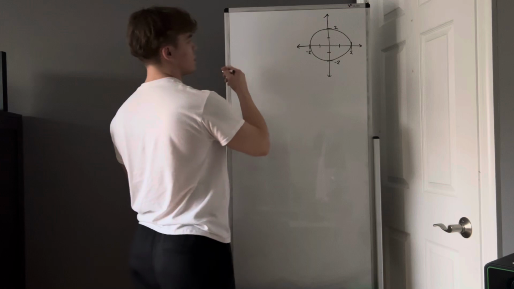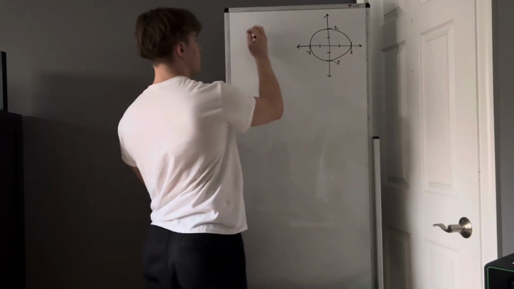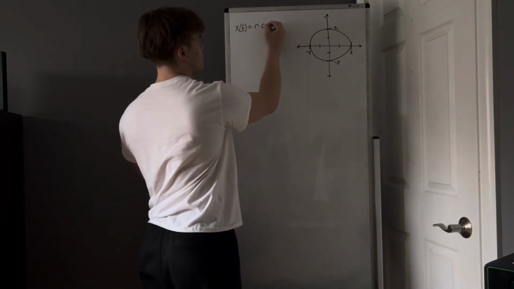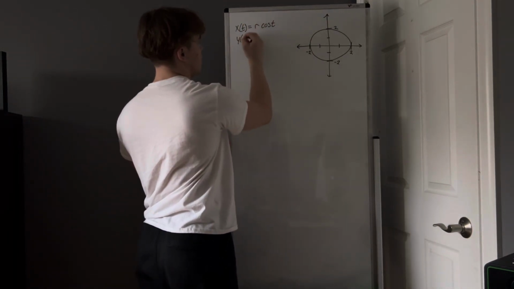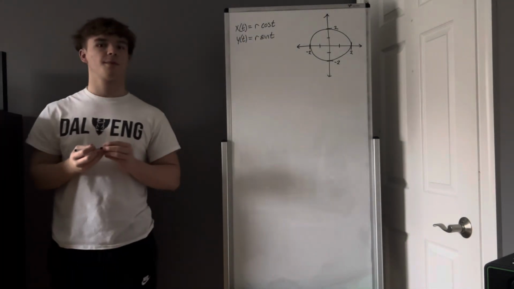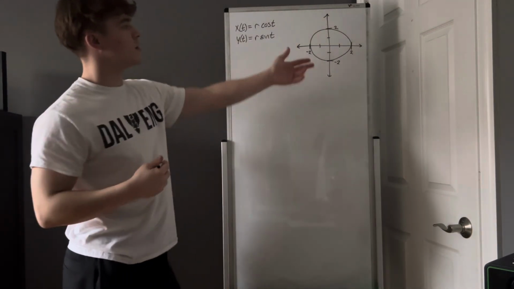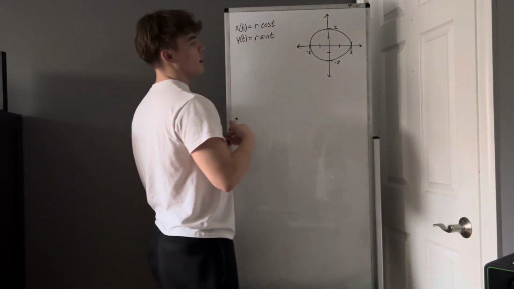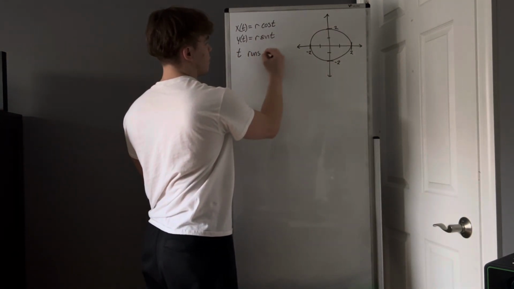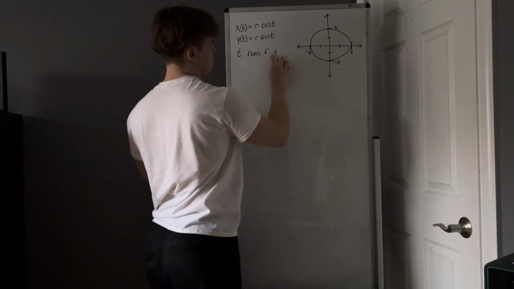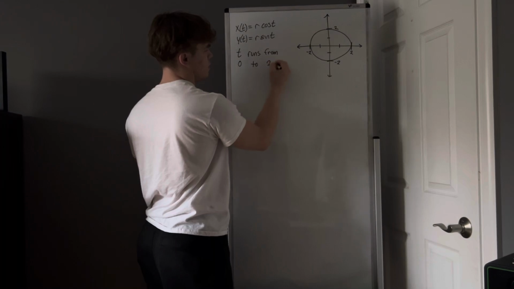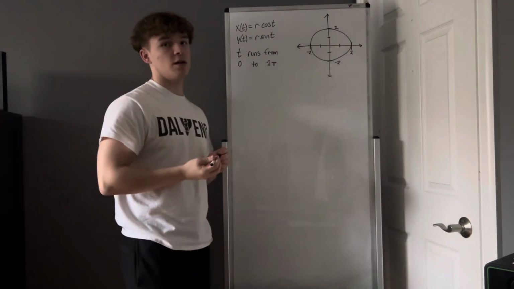For any circle, we have x of t equals r times cosine of t, y of t equals r sine of t. And for the full circle, we know, coming from the unit circle, that t runs from 0 to 2 pi.